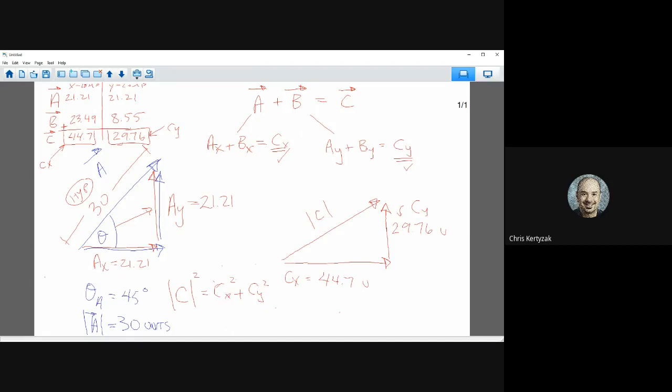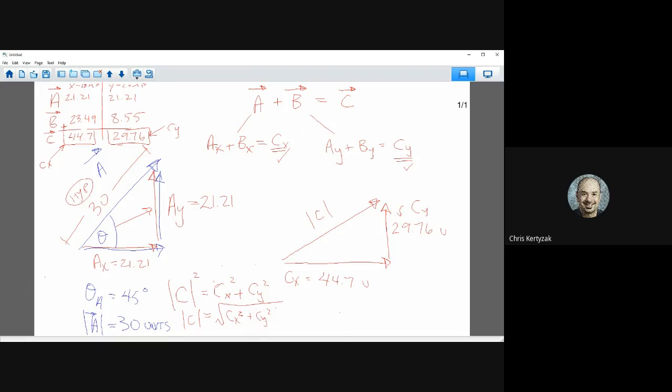That is the Pythagorean theorem. And this also implies that what you're after, which is really the magnitude of vector C, not the magnitude squared, is equal to the square root of the sum of Cx squared plus Cy squared, right?